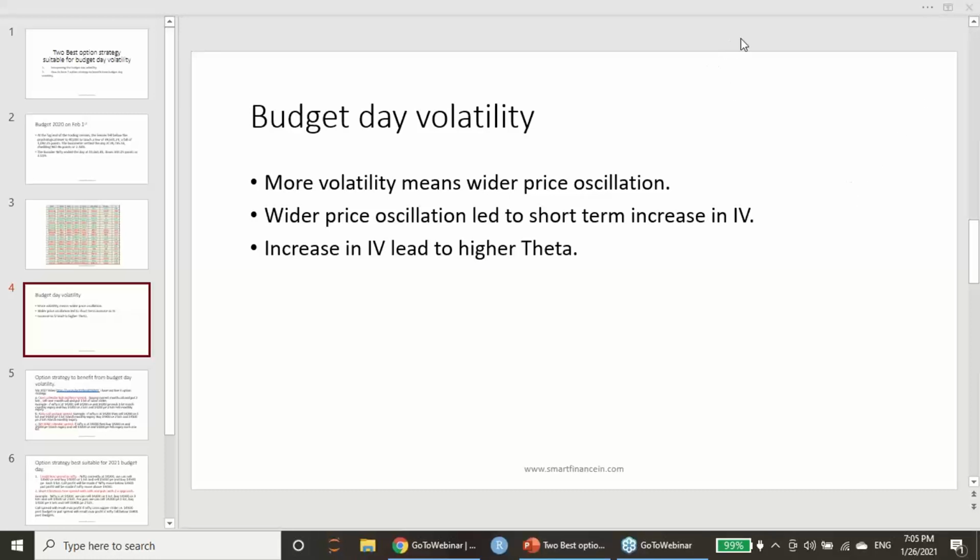Once the volatility of the underlying asset goes up, you will see an increase in the IV of the options. And this increase in IV will result in higher theta, or time value, of the options. So these are the three things that internally happen in all option premiums: wider price oscillations lead to an increase in IV, which again leads to an increase in theta.